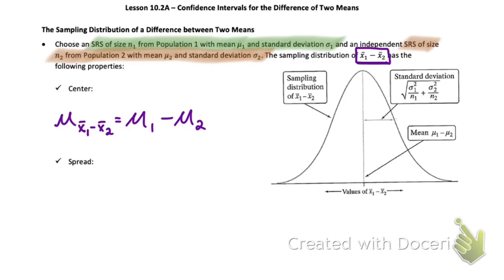The spread, the standard deviation. Now, if you remember back in the last chapter, the standard deviation for a single mean sampling distribution was sigma over the square root of n. But here's what we need to do. We need to take this from the first population and combine it with the second population.